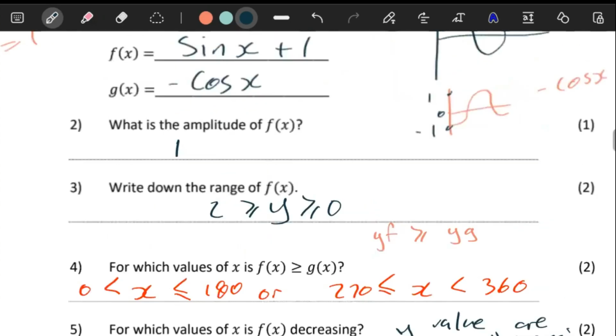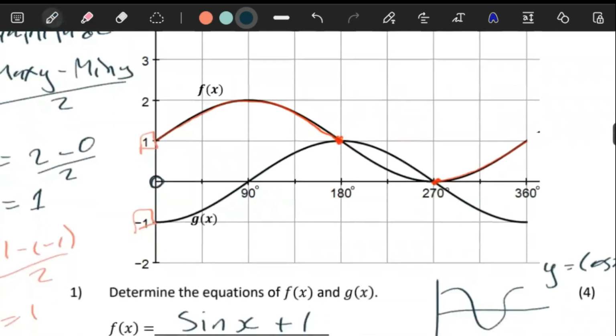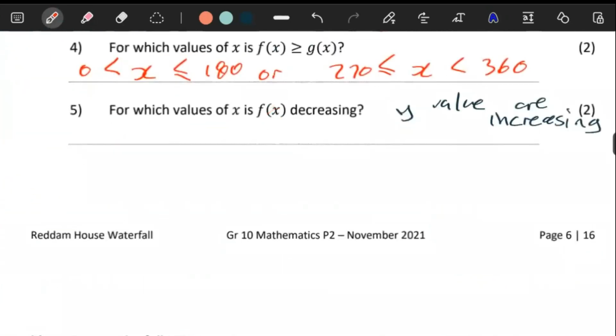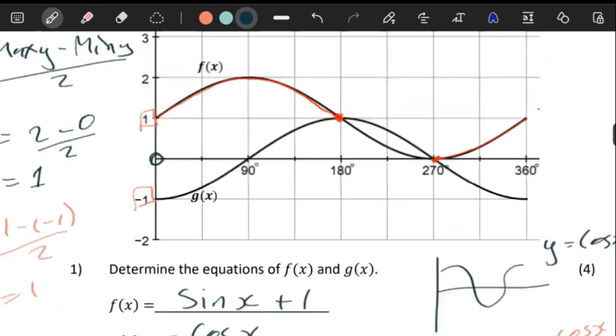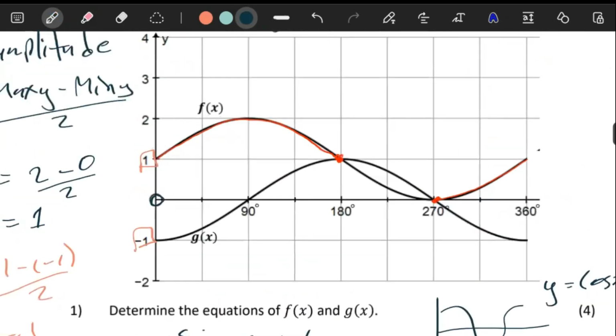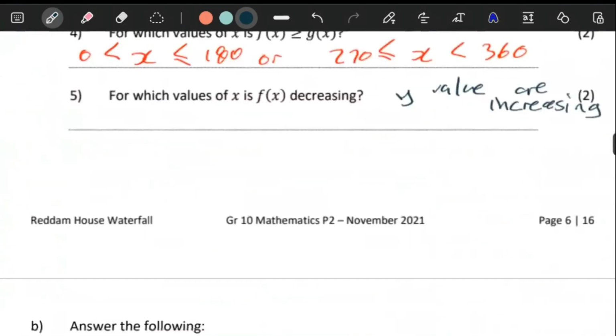So the y values of your graph of f, you see here, they're going up until here, then they stop. And then they go down until here, they stop. And they go up again, you see. So they're increasing between 0 and 90 and between 270 and 360, you see.